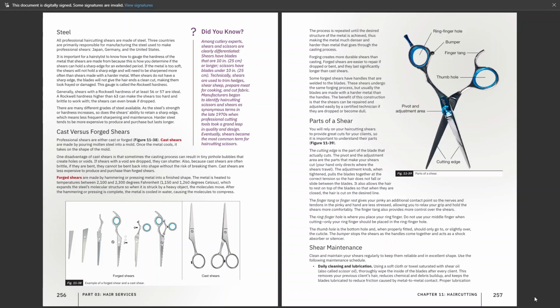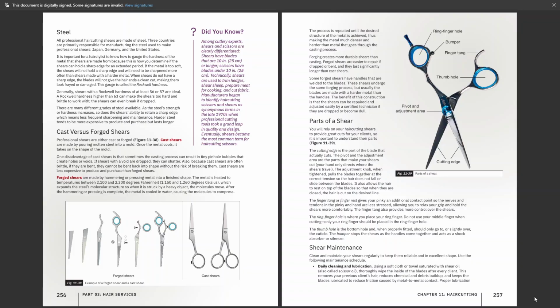Forged shears are made by hammering or pressing metal into a finished shape. The metal is heated to a temperature between 2,100 and 2,300 degrees Fahrenheit, 1,150 and 1,260 degrees Celsius, which expands the steel's molecular structure so when it is struck by a heavy object, the molecules move.